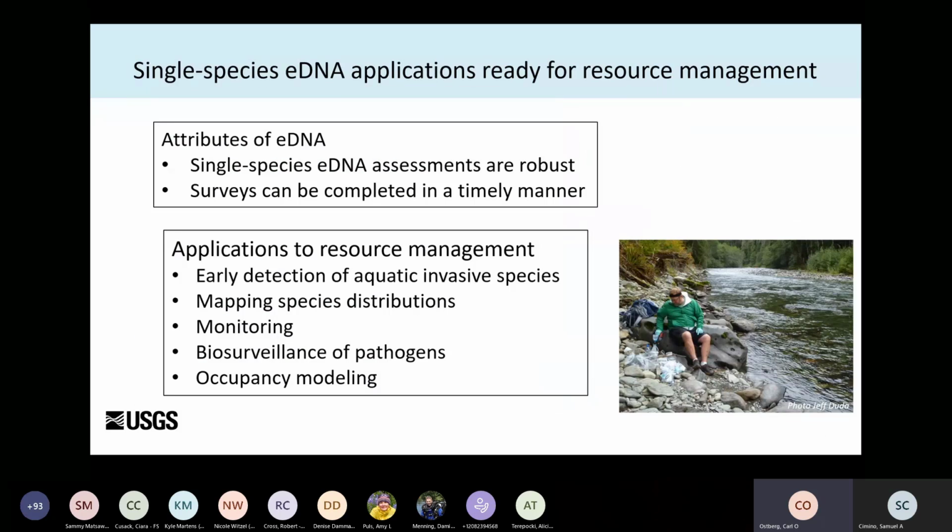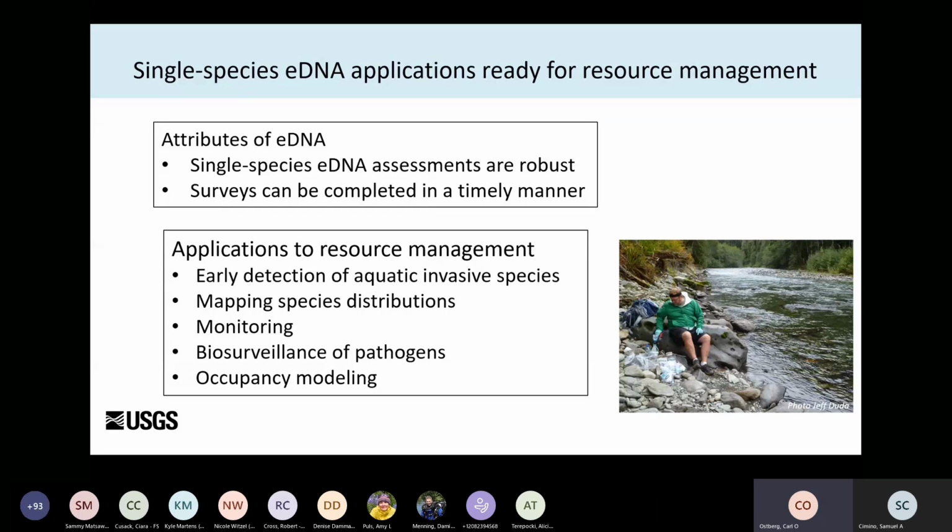Okay, so I'm going to shift gears a little bit now. Single species eDNA assessments have great application to resource management. And it's been established that single species eDNA assessments are robust at detecting target species when compared to traditional sampling methods.